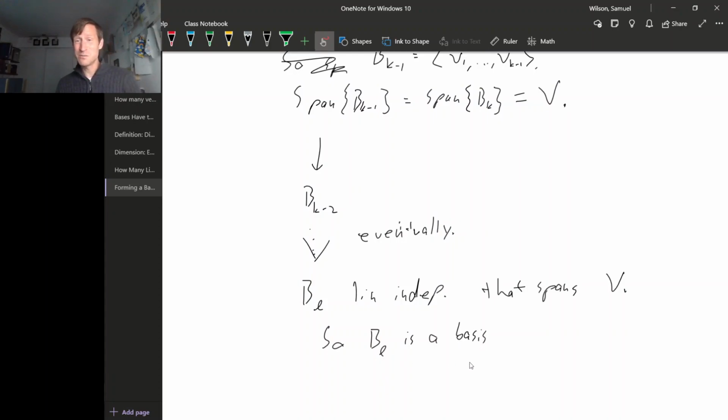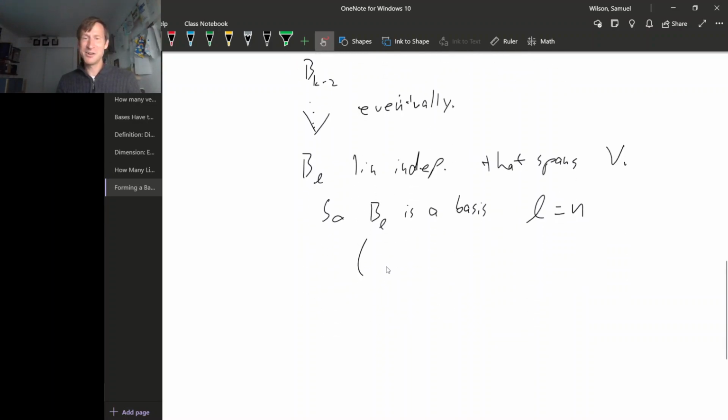And furthermore, since it's a basis, we know the dimension of V was n, so the number of vectors has to be n, right? So now, in retrospect, we see that the number of vectors we started with had to be bigger than the dimension of the space. Side note, k was bigger than n to begin with. This wasn't something we assumed at the beginning, but in retrospect, that had to be the case, or else we wouldn't have been able to span V.